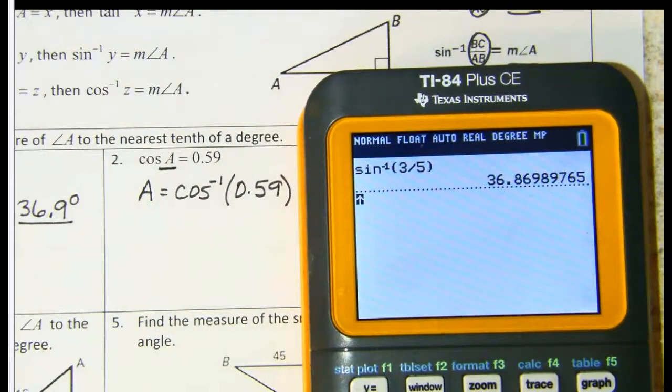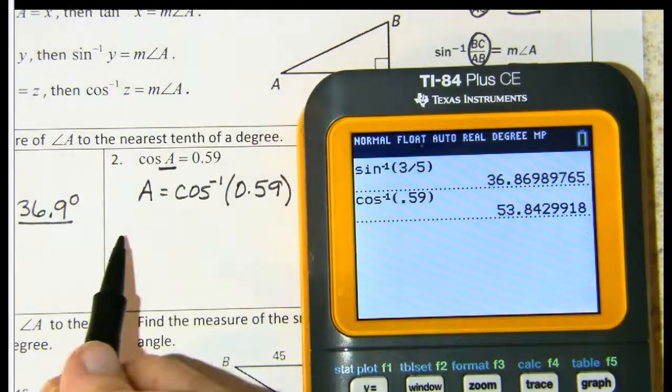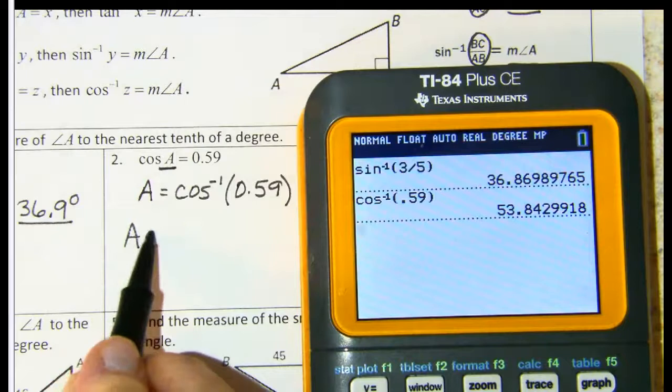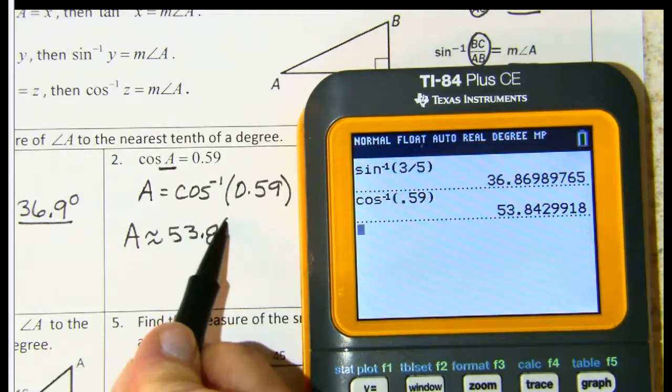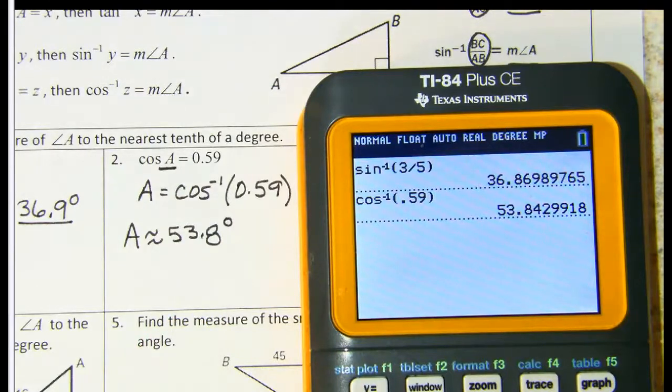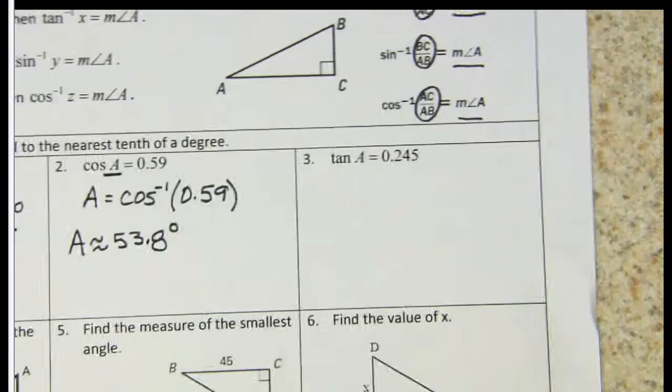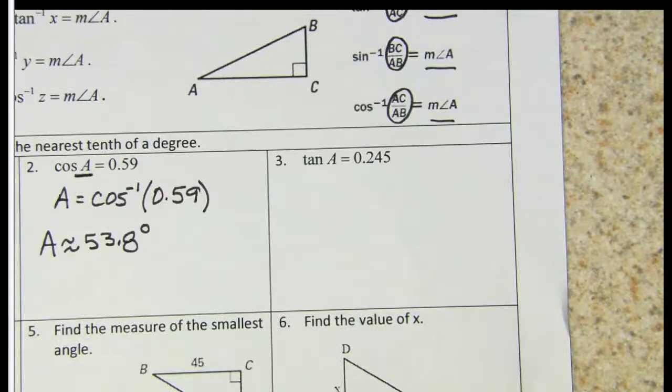This time we do inverse cosine, and it's 0.59. Round to the nearest tenth, so we are going to say A is approximately 53.8 degrees.